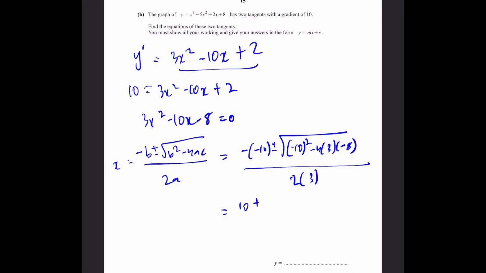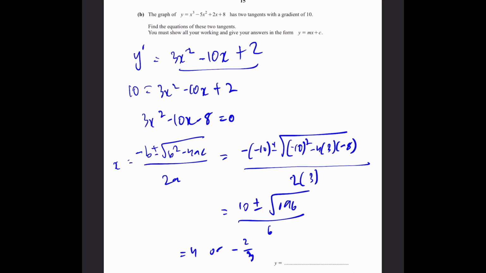That will be 10 plus or minus root of 100 plus 96, so 196, divided by 6. So that would be 10 plus 14 by 6, which is 4, or 10 minus 14 by 6, which is minus 2/3. And these will be our x values.